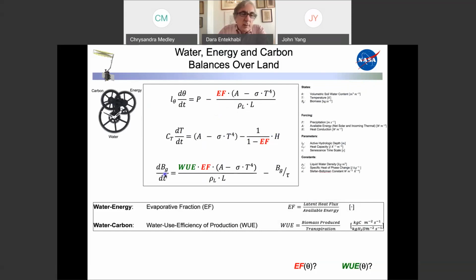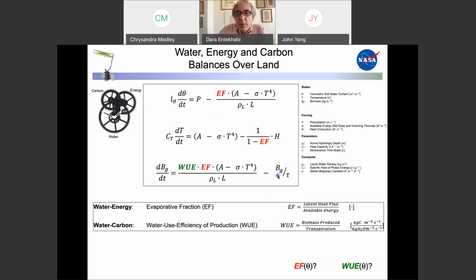And then we can characterize the biomass, the carbon cycle, as the change in the biomass content of the surface as evaporation times the water use efficiency, which is just the ratio of how much the carbon dioxide and water vapor exchange occurs in the photosynthetic process.